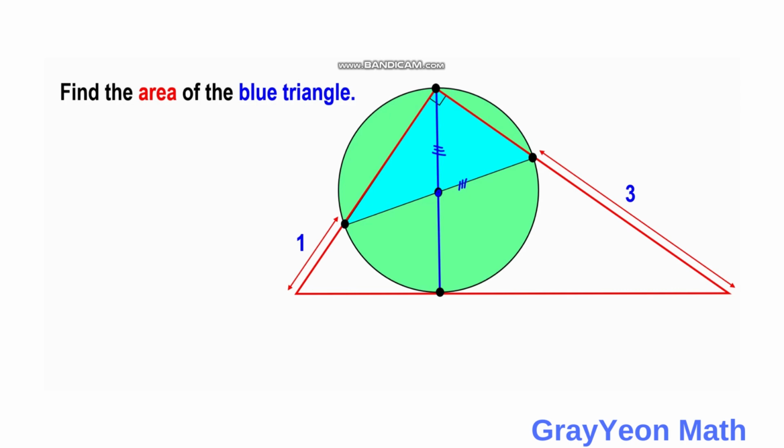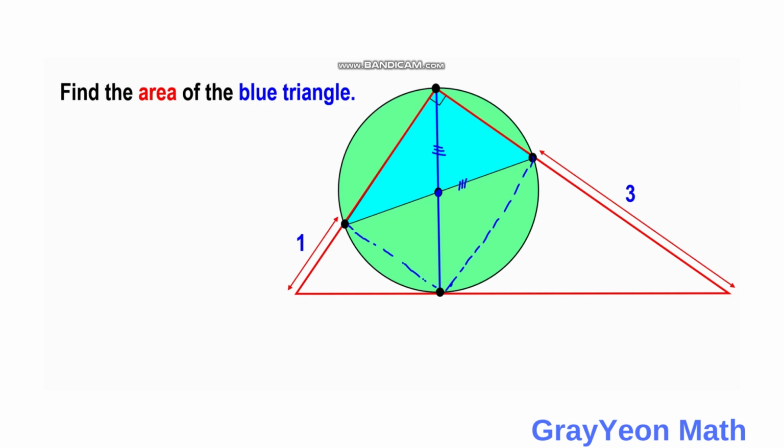If that is the case, then if we draw a line from this point to this point, and this point to this point, we actually form a rectangle.